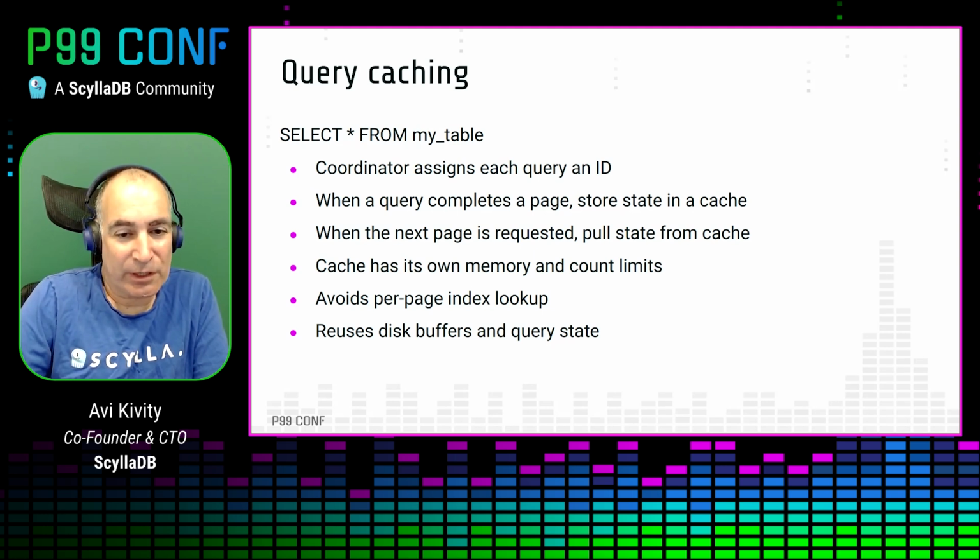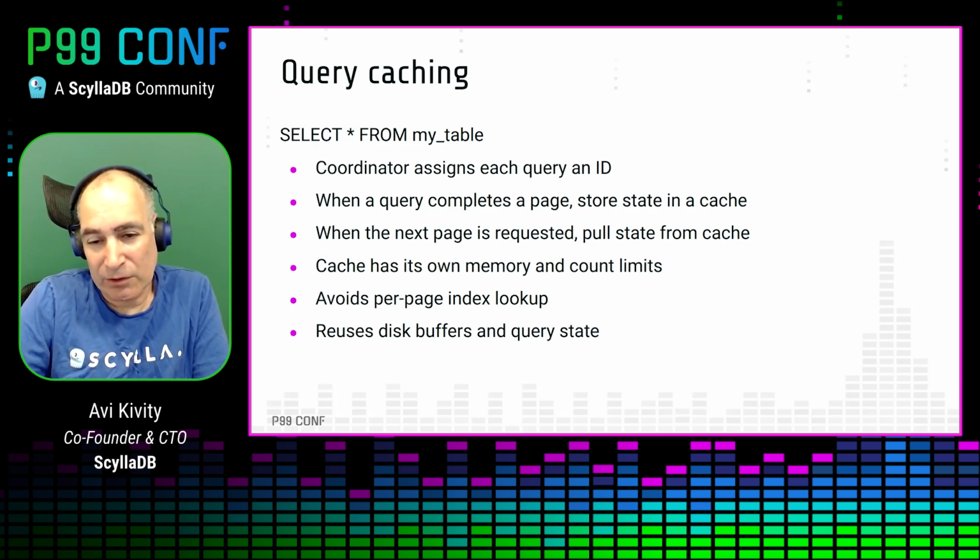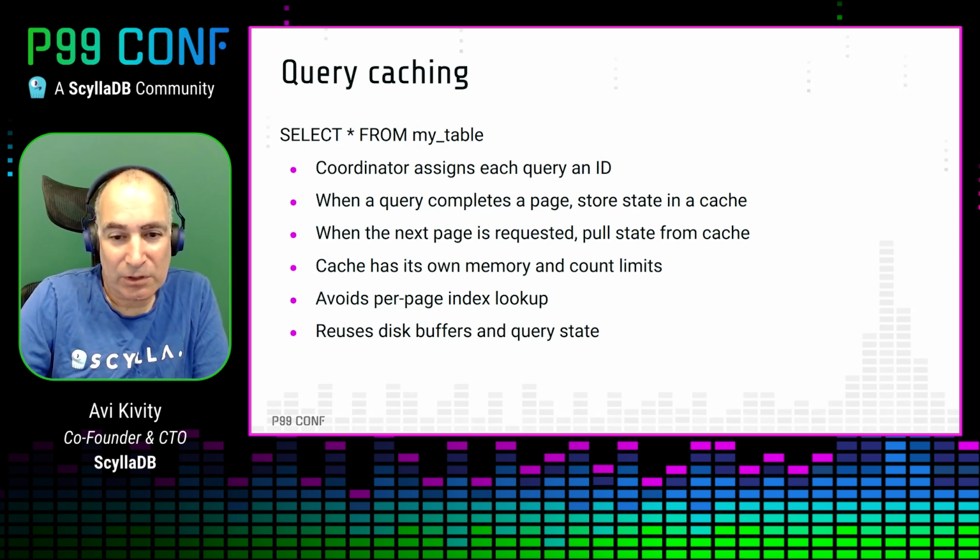So this saves the index lookup, and the disk I/O for the data is also saved. It wastes some memory because we need to store those buffers in the cache, but this cache can be evicted when we run out of memory, and it's also evicted when some time passes. So I think it uses about 2% of the node memory.